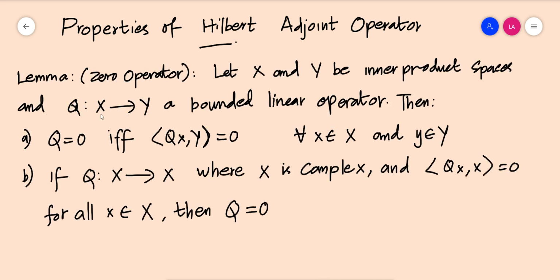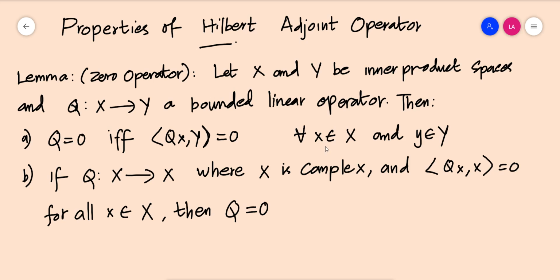Let X and Y be inner product spaces and Q from X to Y a bounded linear operator. Then the first argument is: Q is equal to 0 if and only if the inner product <Qx, y> is equal to 0 for all x element of X and y element of Y. That is, if Q is equal to 0, then <Qx, y> should be equal to 0 for all x and all y.